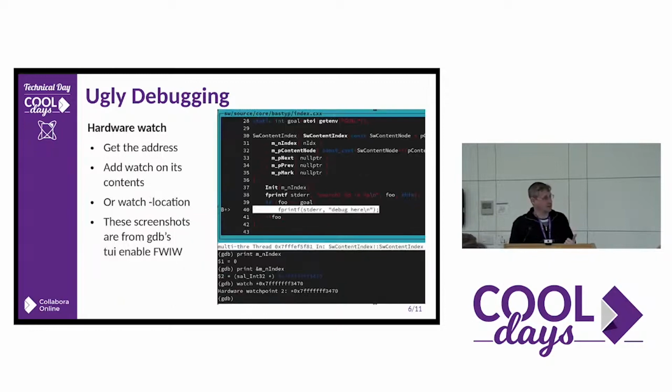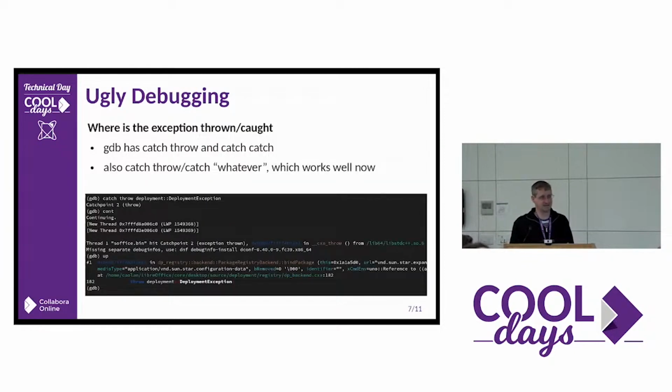Yeah, and if you're watching something, apparently you can use watch -location and it'll actually work out correctly for you what you want to watch. But I always just print out the actual address of the thing I'm looking for and I copy and paste watch, and I dereference the actual number that comes out of it, because I don't really trust any of the sophisticated stuff.